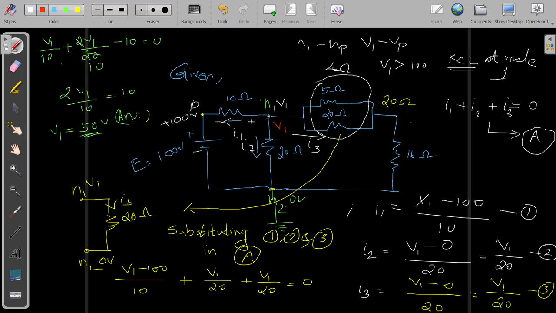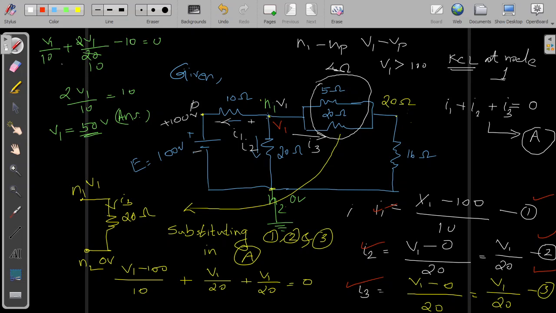Then I will substitute this 50 volt in equation 1, equation 2 and equation 3, so that you will get I1, I2 and I3 currents respectively.